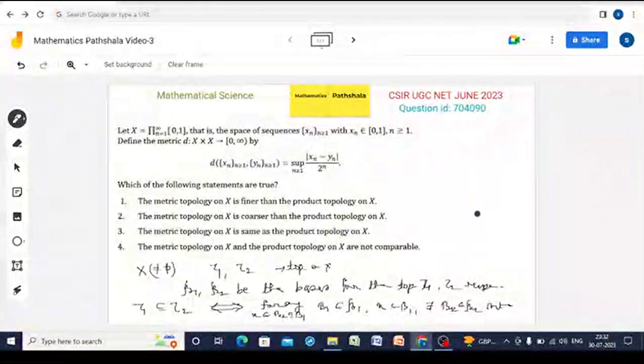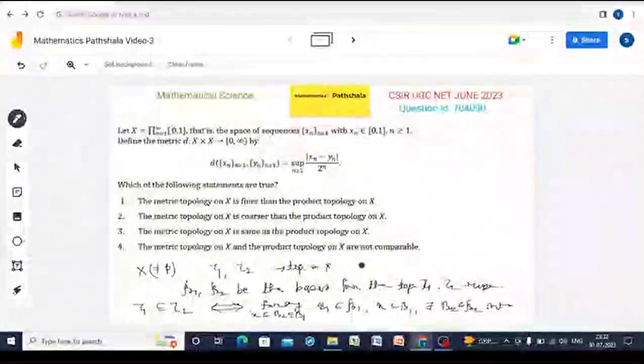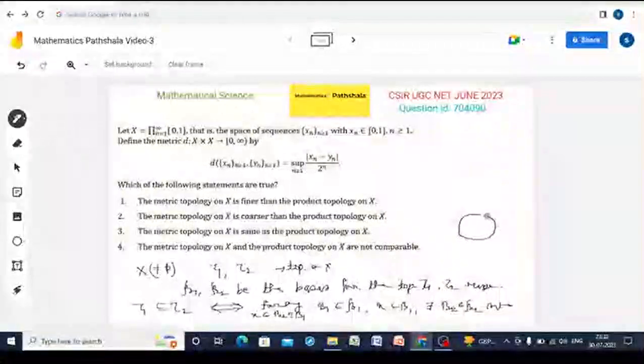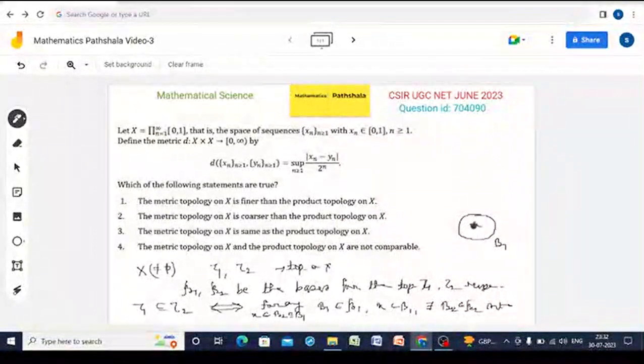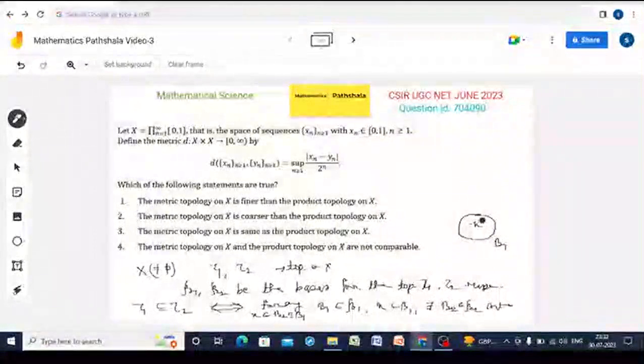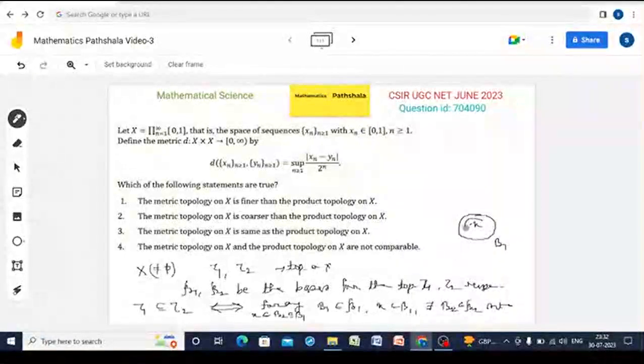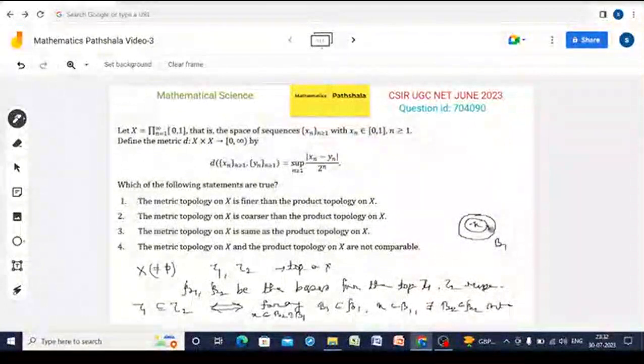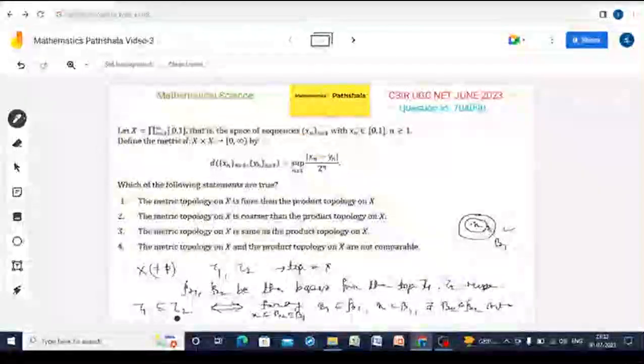That means if we take any basic open set B1 and any x here, then we can find a basic open set B2 from script B2 such that x belongs to B2 is a subset of B1. If we can do that, then we will say that tau 2 will be the stronger topology than tau 1.